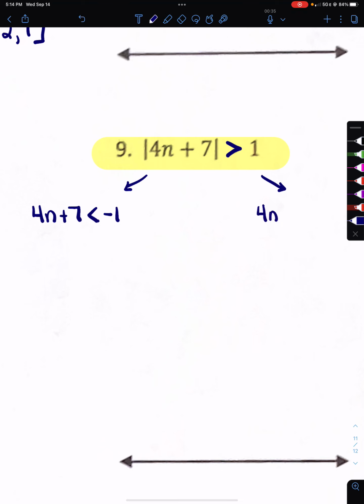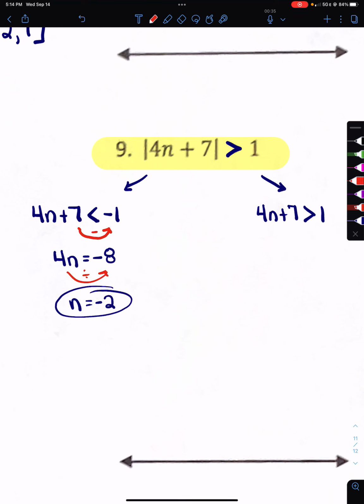Then I have 4n plus 7 is greater than 1. So for this one, we're going to subtract 7 from both sides. So I will have 4n gives me -8. Divide both sides by 4, and I get n equals -2.